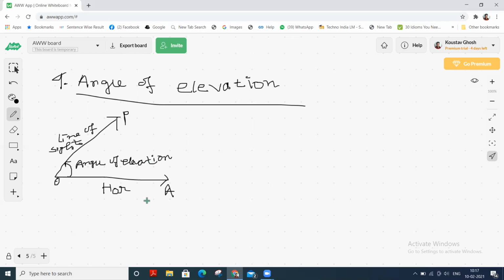Then the angle which the line of sight makes with the horizontal through O is called the angle of elevation of P as seen from O. So the angle of elevation of P from O is AOP, in this direction. Clear?